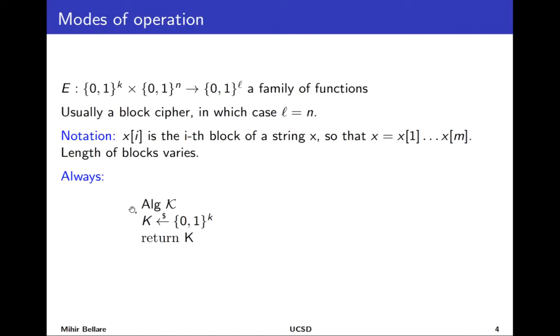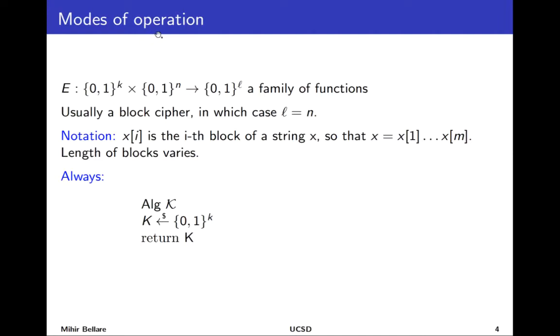The key generation algorithm will always have the form that it takes a key at random from the key space of the family of functions, and that becomes your encryption key. So since the syntax of the encryption schemes requires 3 algorithms, we've just fixed the first one.